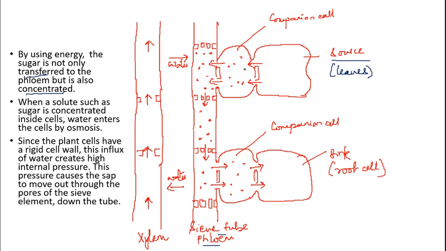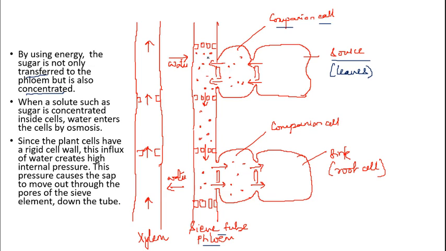So when the sugar is accumulated from the source, intermediate is a companion cell. When they are accumulated in the sieve tube, then what we see is the water enters in. The sugar has entered into the sieve tube as well as the water has entered the sieve tube.